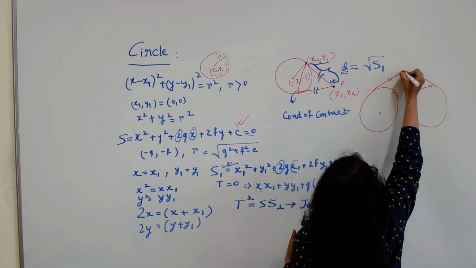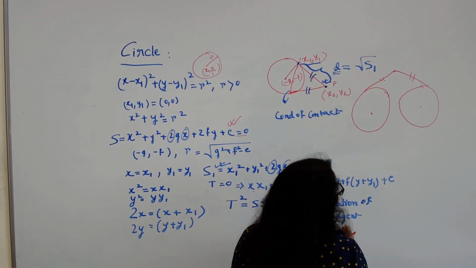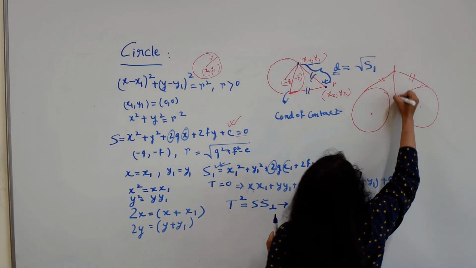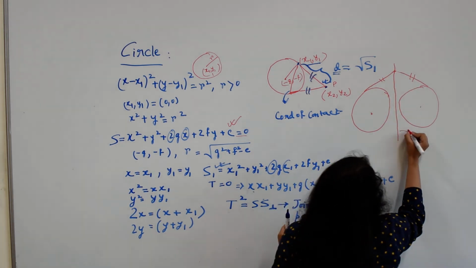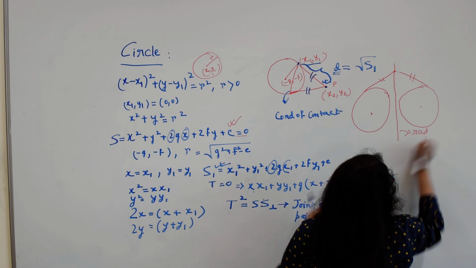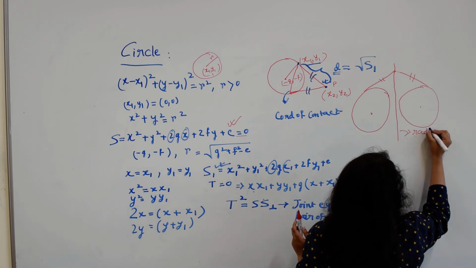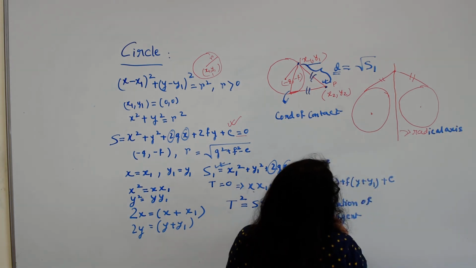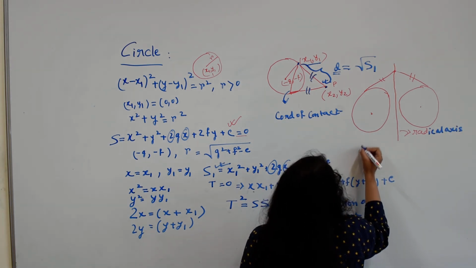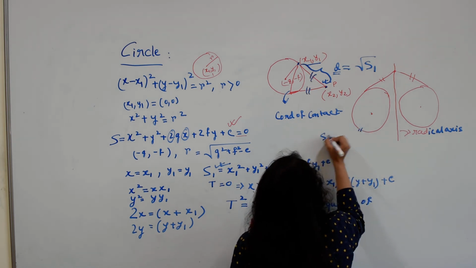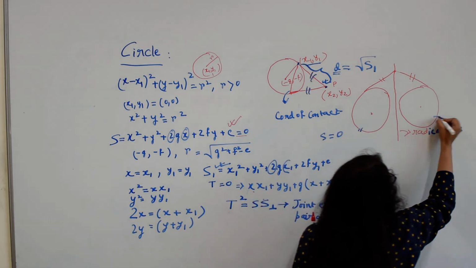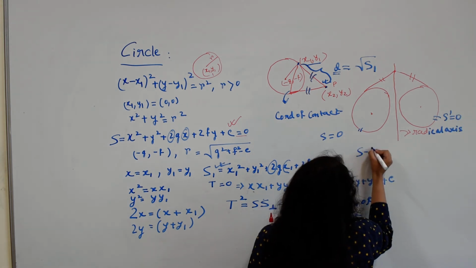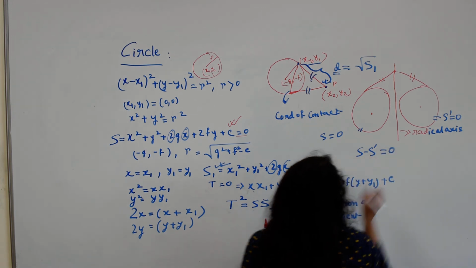This equation will be a straight line, and we will call it the radical axis. Let's say one circle is S equal to 0 and the other is S dash equal to 0. Then the equation will be S minus S dash equals 0.